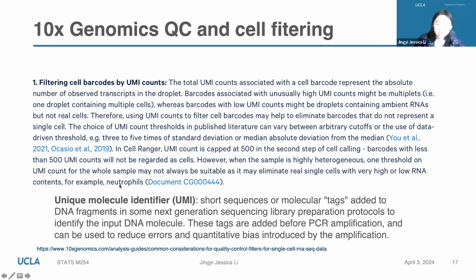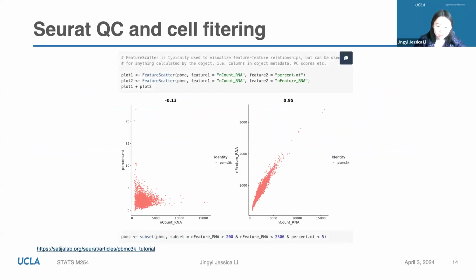If you generate data, you need to understand the biological systems you study so that you don't use an unreasonable threshold for filtering out real cells. But if we go back to Seurat, you can see the Seurat criteria for filtering doesn't even use UMI count because it's correlated with gene number. It only uses gene number and the percent of mitochondria.